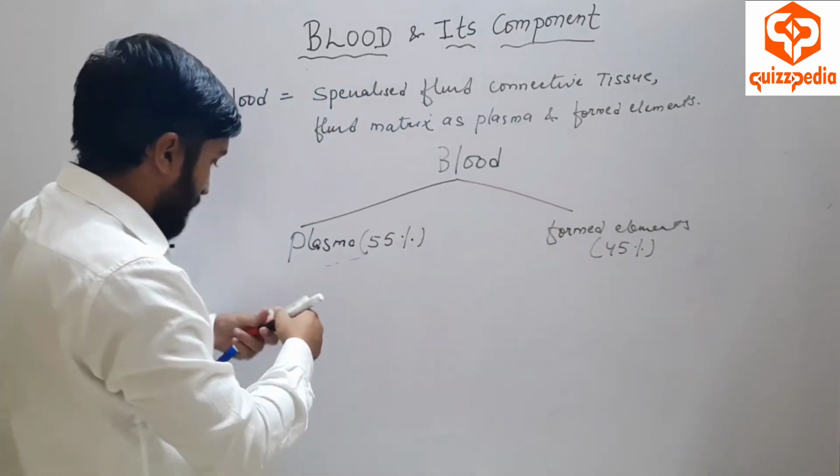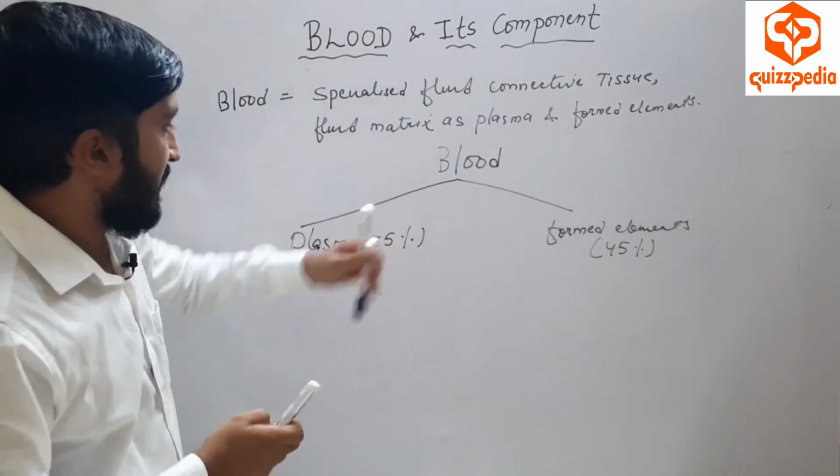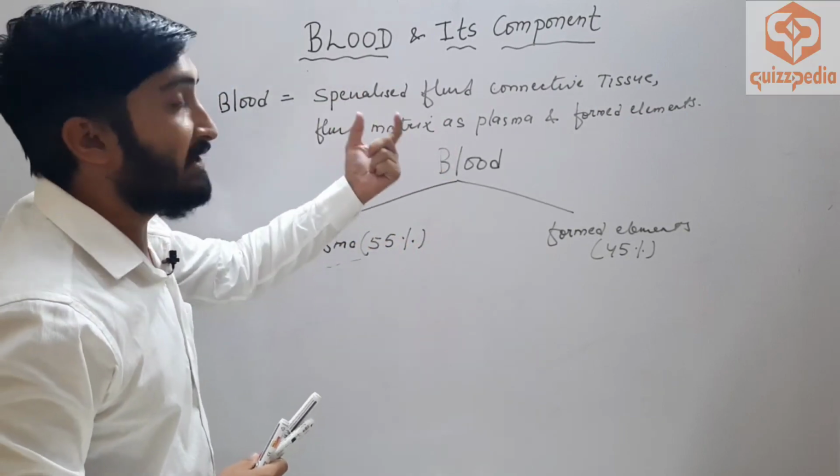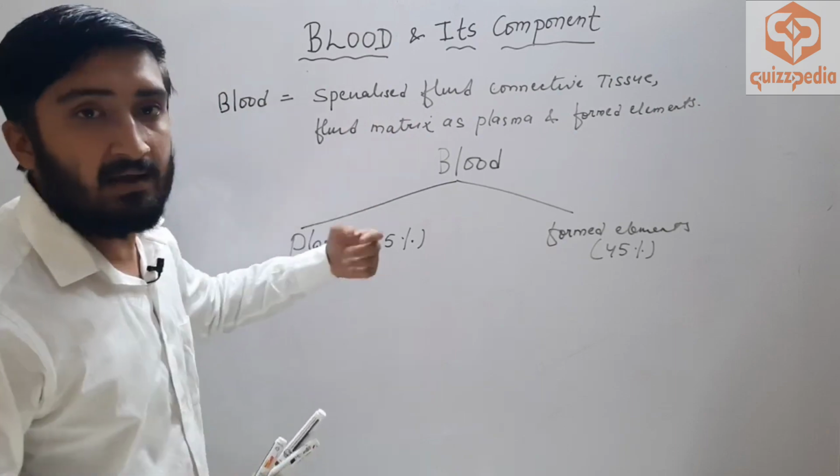Now the classification of plasma. See, it is a fluid connective tissue, so you don't consider it as completely fluid, that it will completely contain water.